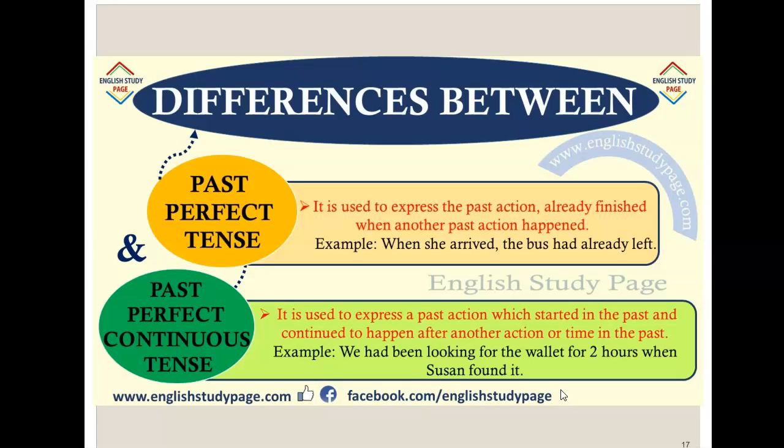And what about the past perfect continuous? Past perfect continuous tense is used to express a past action which started in the past and continued to happen after another action or time in the past. For example, we had been looking for the wallet for 2 hours when Susan found it.